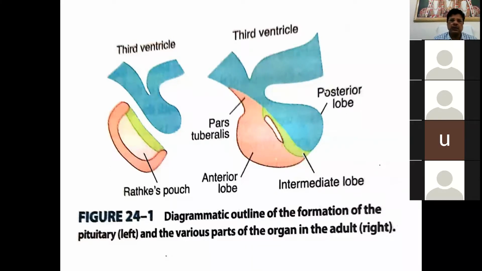The pituitary gland arises from two structures: the anterior pituitary and the intermediate lobe of the pituitary. They arise from the evagination of the floor of the pharynx.